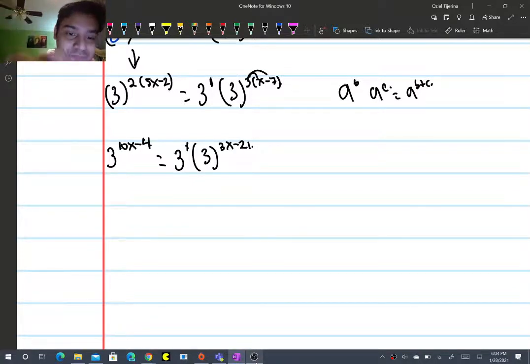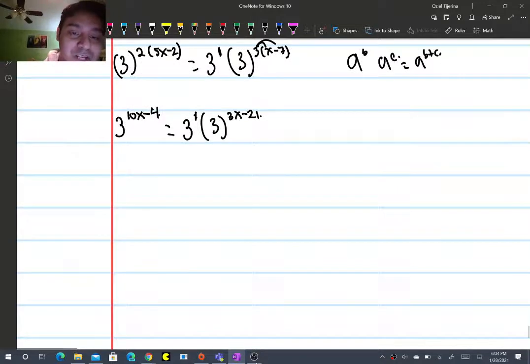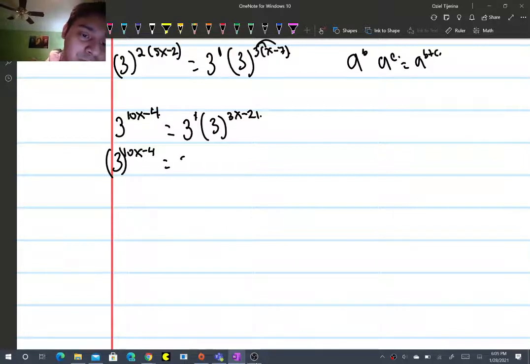From here, you're going to add these two exponents. You're going to say 3 to the 10x minus 4 equals 3 to the 3x minus 21 plus 1, so it's going to be 3 to the 10x minus 4 equals 3 to the 3x minus 20.